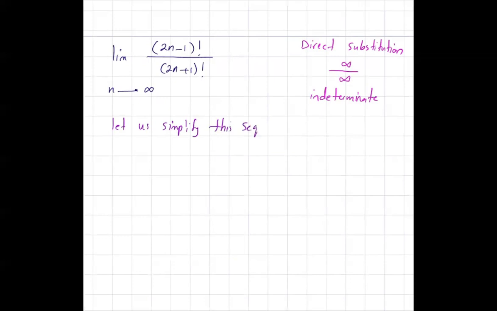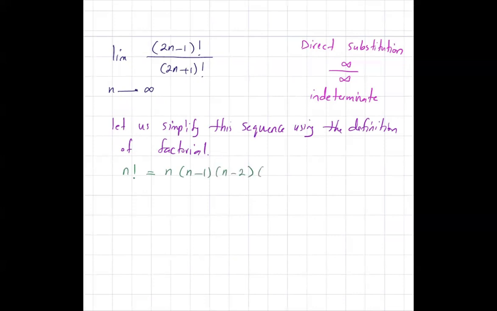Using the definition of factorial, n factorial is equal to n times n minus 1 times n minus 2 times n minus 3 times n minus 4, and so on, times 3 times 2 times 1.